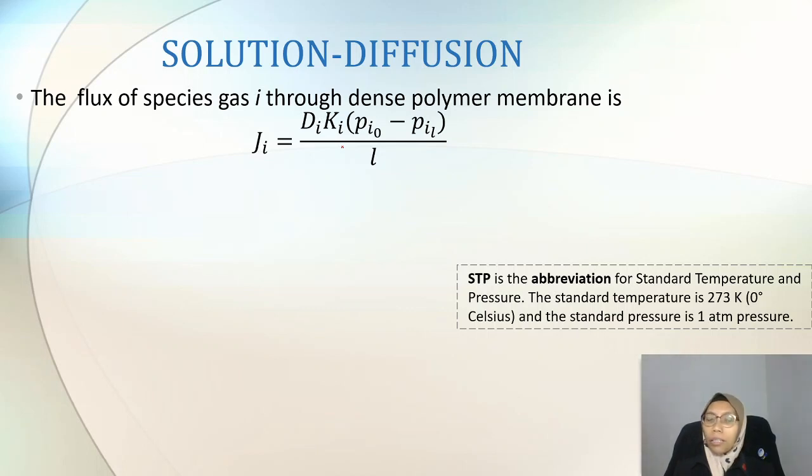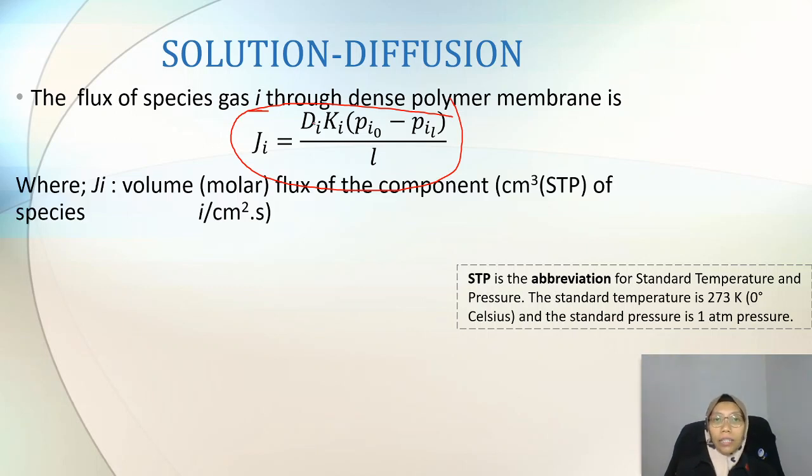I think you have learned this before, with Dr. Kartini, about gas separation focusing on solution diffusion. So I will just summarize. The flux of gas species i through the dense membrane follows this standard equation.